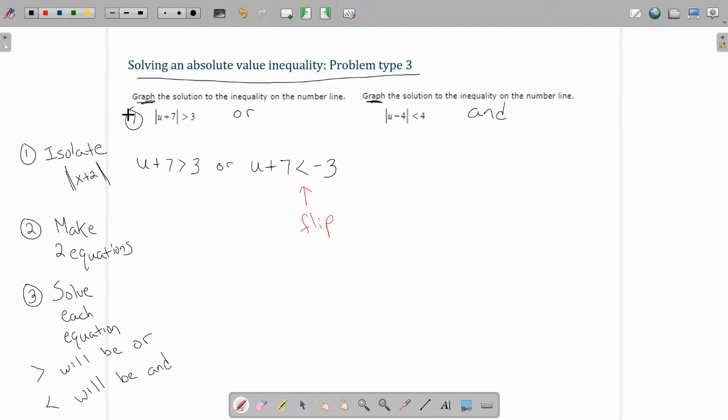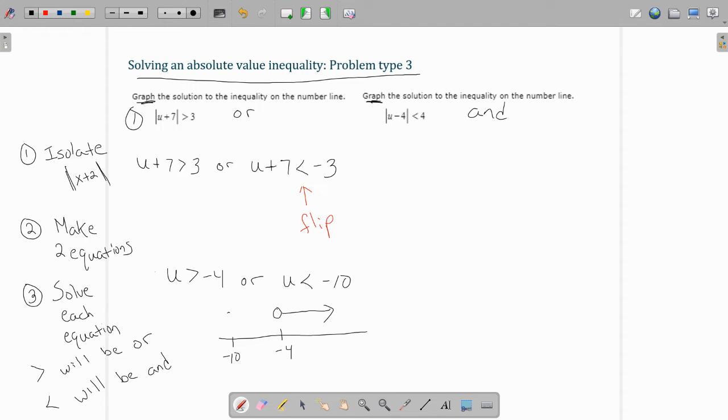Okay. Now just solve both for u. Subtract 7. U is greater than negative 4, or subtract 7. U is less than negative 10. So on a number line, we're looking at negative 4 and negative 10. Greater than negative 4, open, because there's no bar.